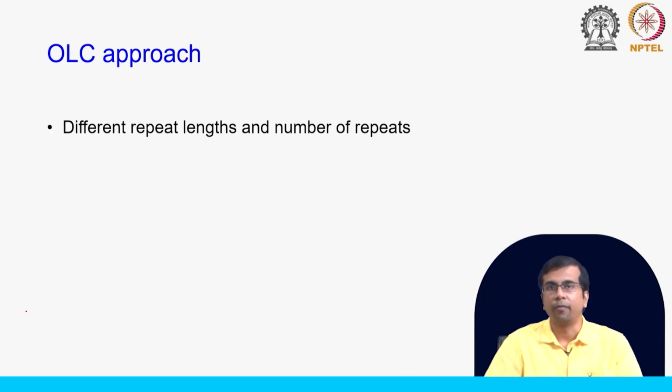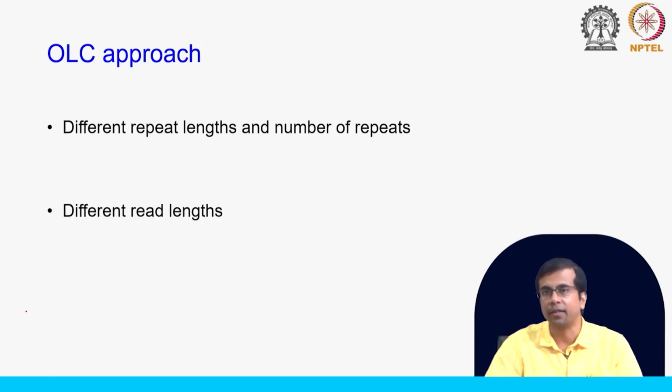We have talked about how repeats can impact this OLC method, but what I would like to encourage you to do is try with different repeat lengths, a number of repeats, and also different read lengths. This is where you will start to see that as you increase read lengths, you start to resolve repeats. With the OLC approach, as you increase read lengths, you will resolve these repeats, and they will not be these unresolvable knot-like structures in the overlap graph.